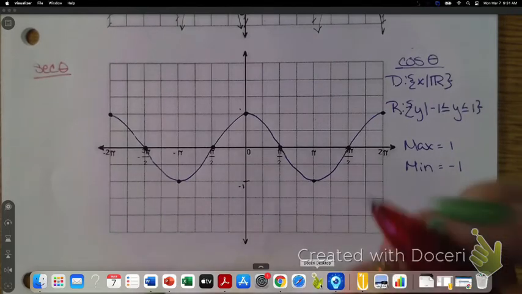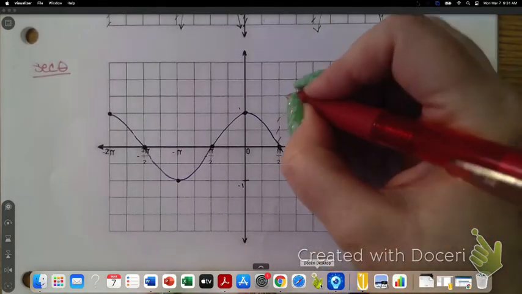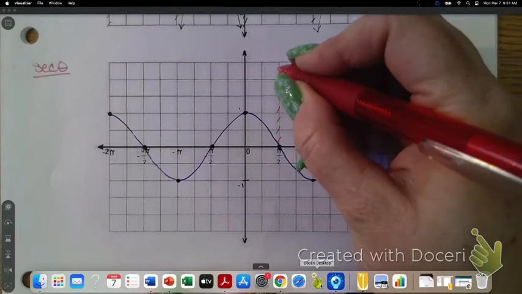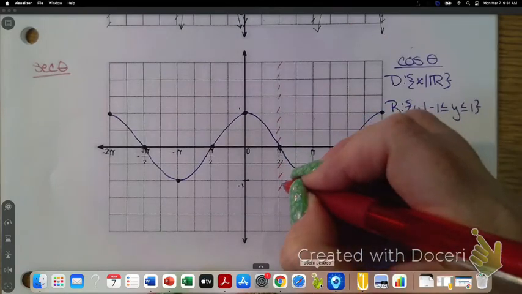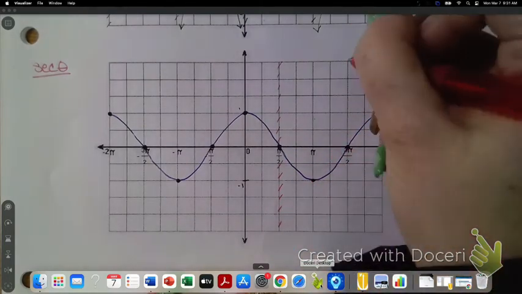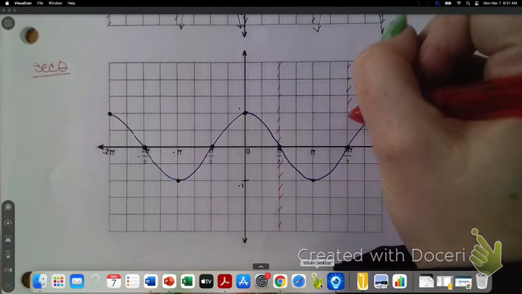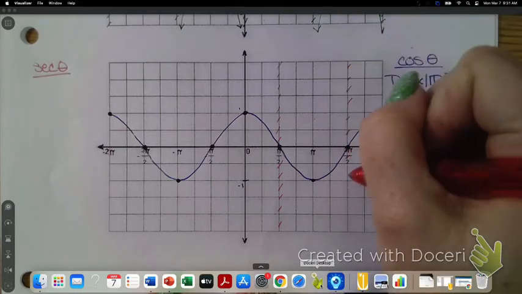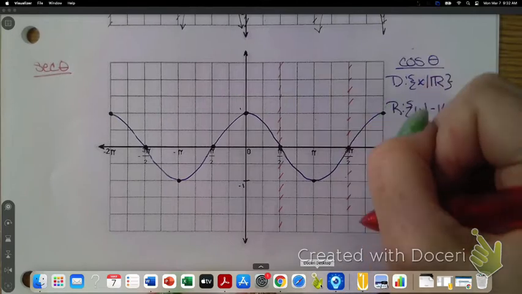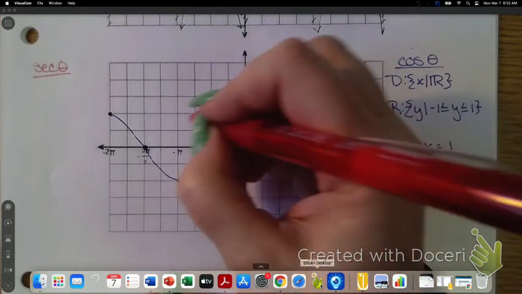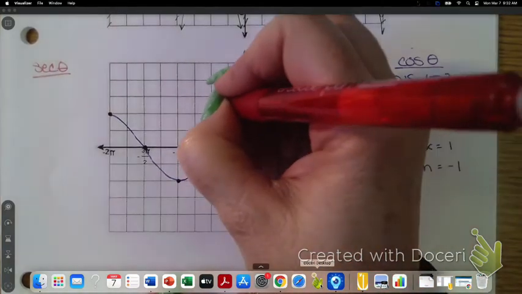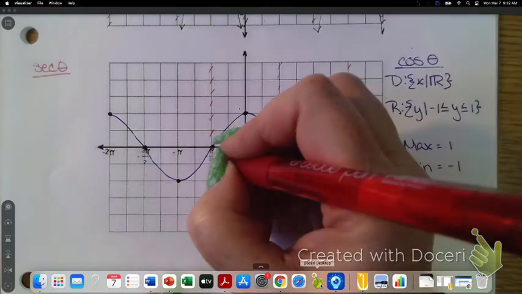Pi over 2. 3 pi over 2. We're just reciprocating 0, right?